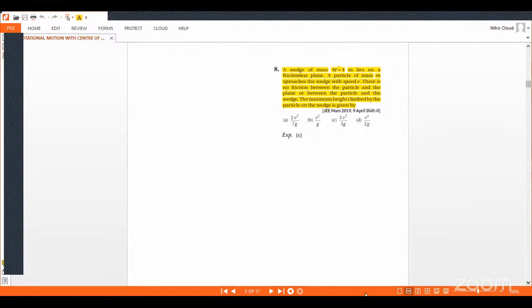A wedge of mass 4m lies on a frictionless plane. A particle of mass m approaches the wedge with a speed v. That means we are having a wedge.